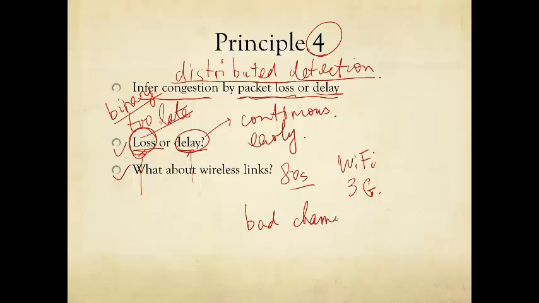For example, a deep fade, somebody standing up, a blockage of the signal, mobility, and none of that is due to congestion. It's not because you're sending too fast, it's because you run into a bad channel. So you shouldn't be penalized and back down on your transmission speed. And indeed, there have been many different proposals trying to mitigate this issue in wireless networks.